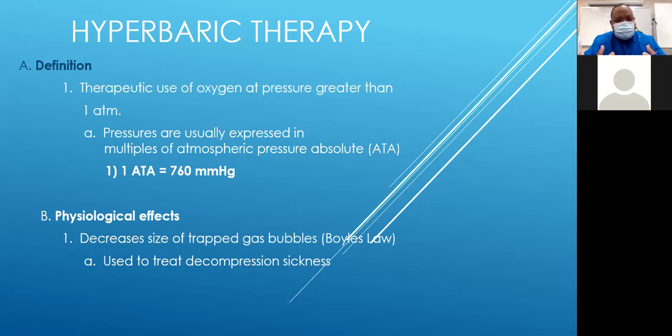You have air bubbles and trapped air bubbles because of the nitrogen. And so what we do is we can put them in a hyperbaric chamber that will bring their pressure back down to treat that, okay? And so we slowly bring them back to 1 ATA or 1 atmosphere, okay? So they no longer have decompression sickness, okay? Decompression sickness. All right.